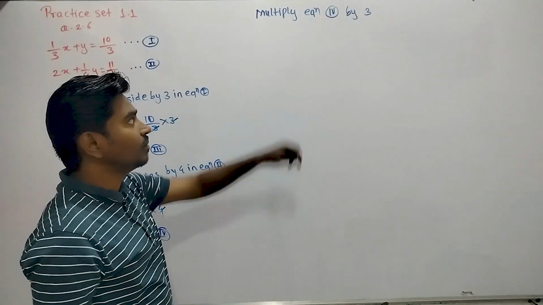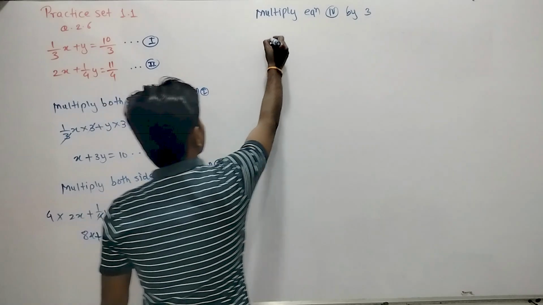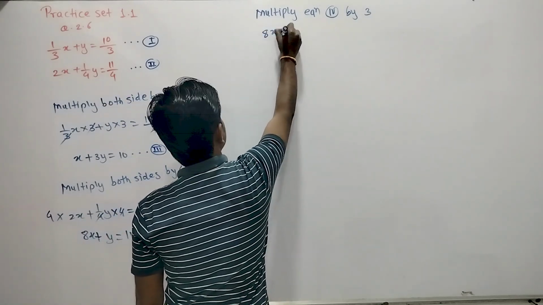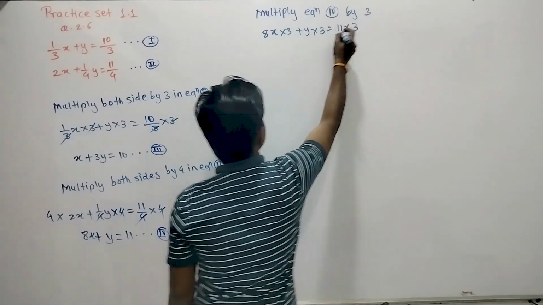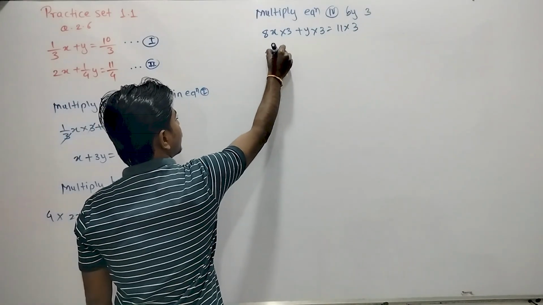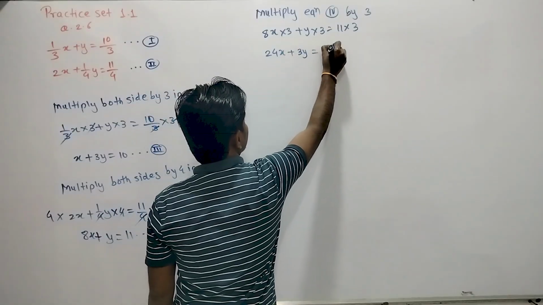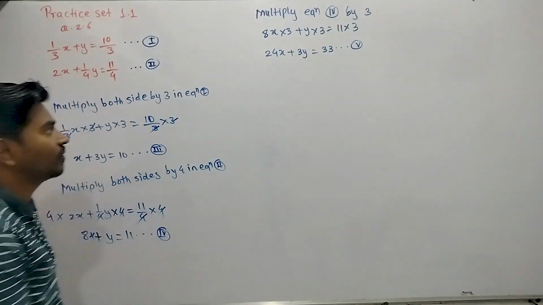Not third equation but 3 number. 8x into 3 plus y into 3 is equal to 11 into 3. So 8 3s are 24x plus y into 3 is equal to 3y and 11 3s are 33. We are going to call this equation number 5.